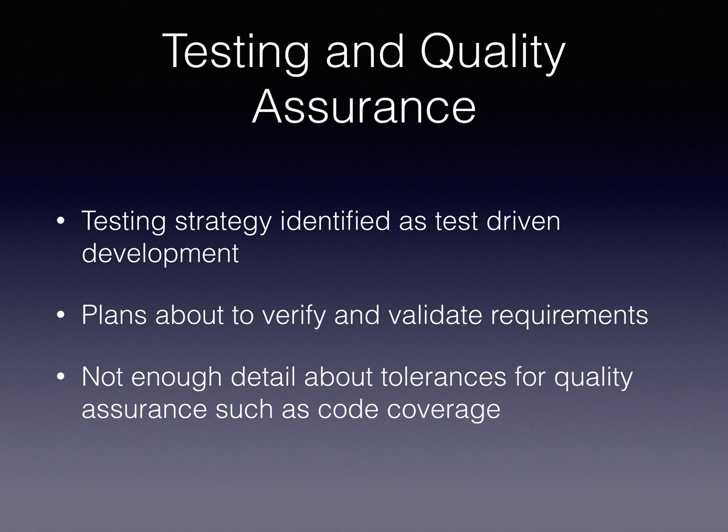That's somewhat difficult for GUIs and for things in the physical realm of rotating wheels and robots, but we also identified how to put them into something that can be verified and validated by saying, when I click this button, I expect this action. But there wasn't enough detail given about the tolerances for quality assurance, such as percentage of code coverage or percentage of inaccuracy of the robot.